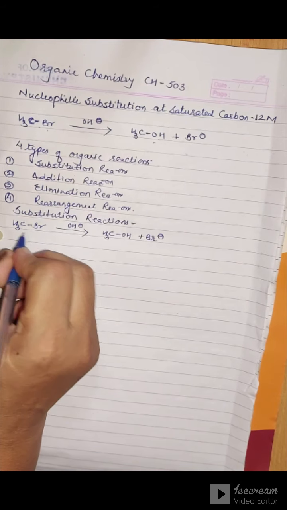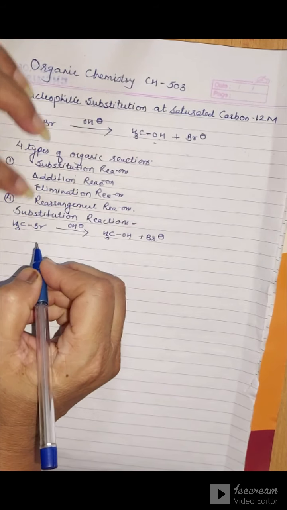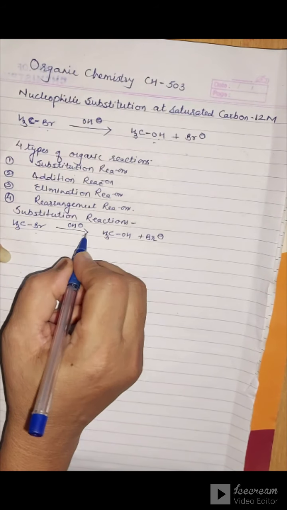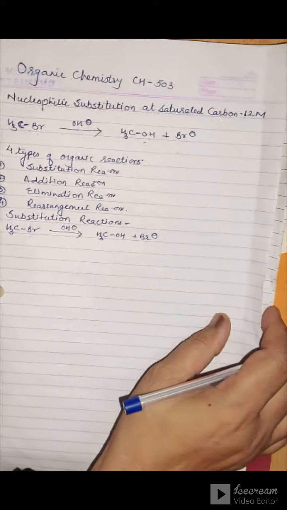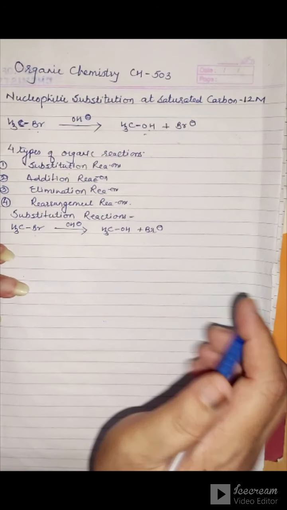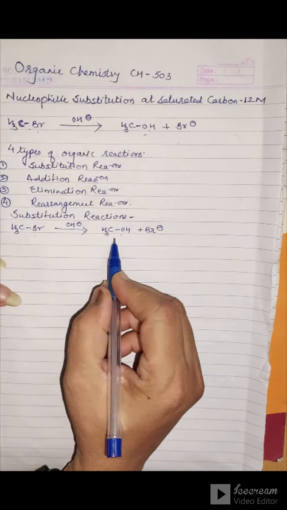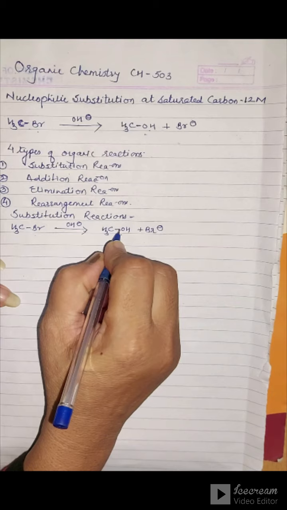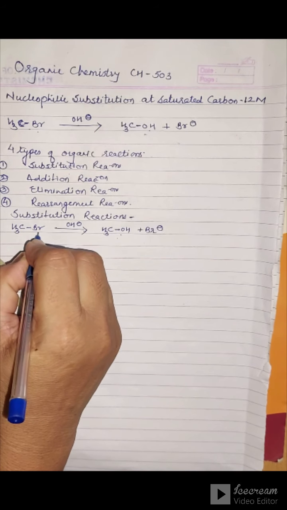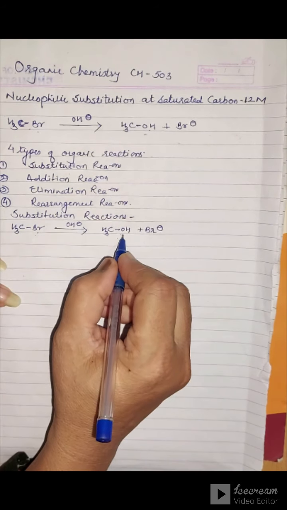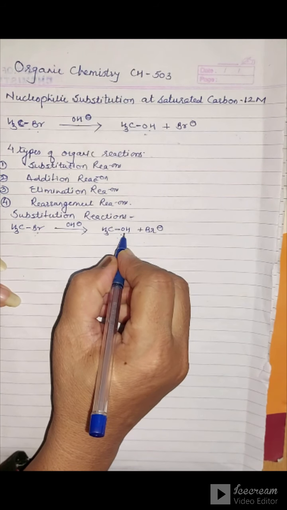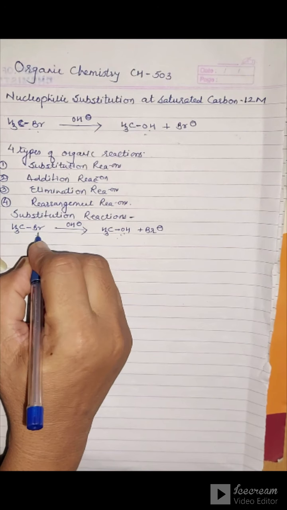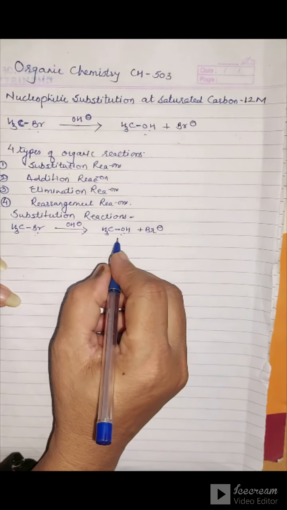In this compound CH3Br, the functional group is Br, and when it is hydrolyzed, then it will convert into CH3OH. In this product, the functional group is OH. It means the Br functional group is replaced by OH. So this is an example of substitution reaction. The OH group substitutes Br and we get a product CH3OH.